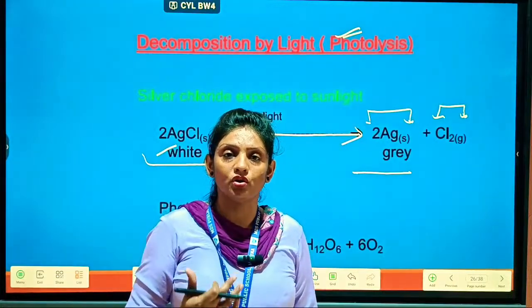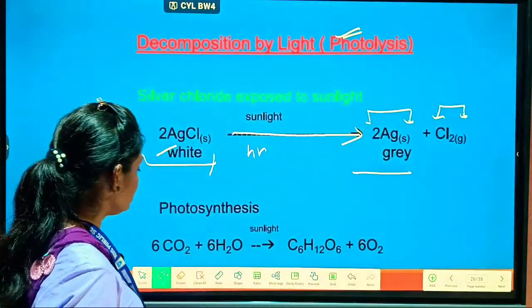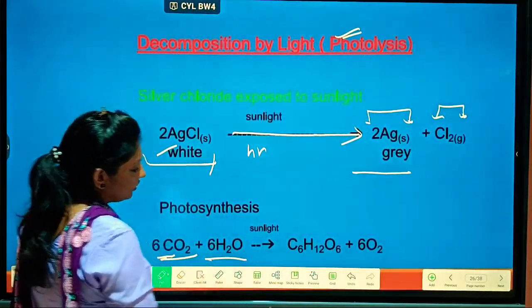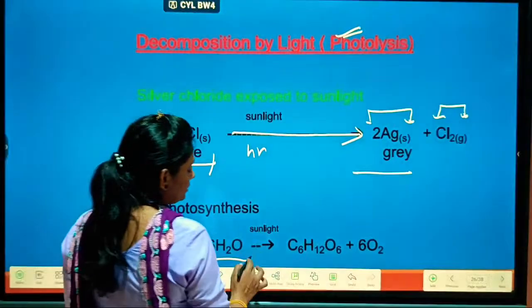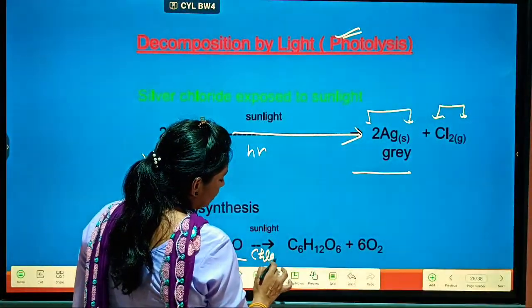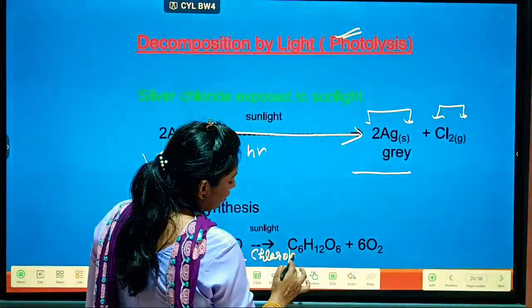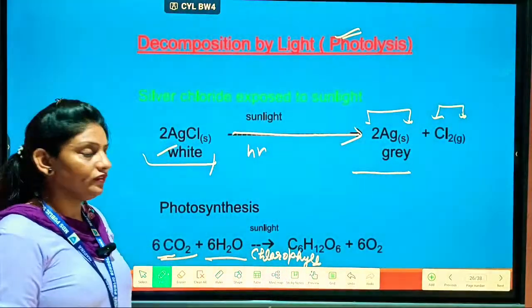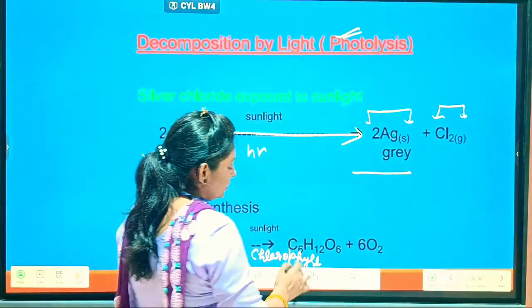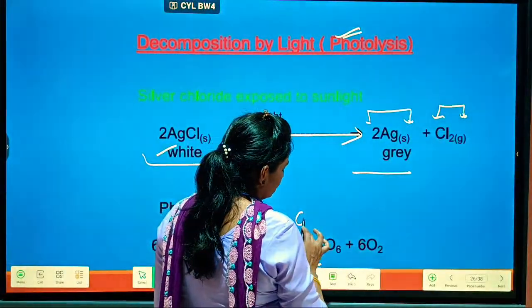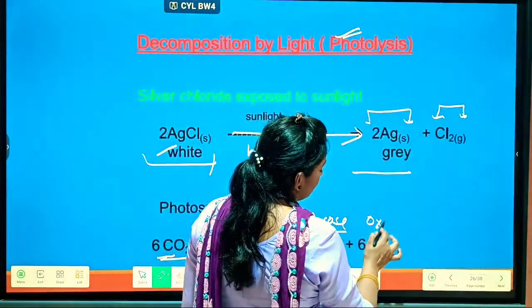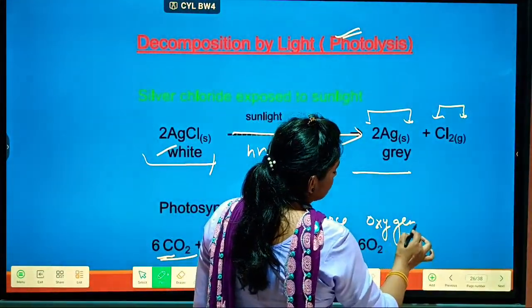So it is known as photosynthesis. Carbon dioxide and water combine with each other in presence of sunlight and chlorophyll. What is chlorophyll here? Chlorophyll is a green color pigment present in the leaf of the plant. Then it will give us glucose plus oxygen.